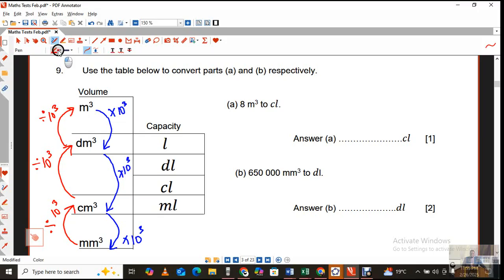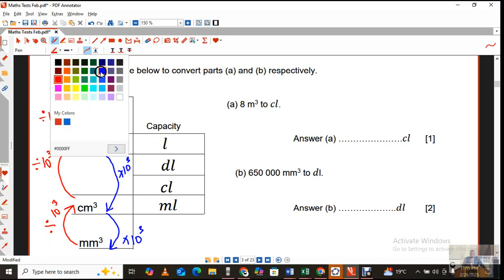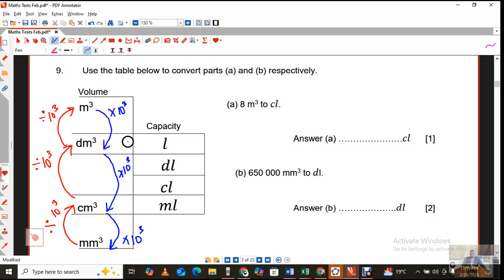Let's come to the side for the capacity. Here is where I need to explain a bit of something. At this part where I have these two, it means that these two are exactly equal. And here also is equal. That means if I have 1 cubic decimeter, it's exactly the equivalent of 1 liter.